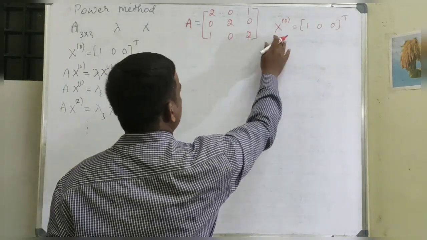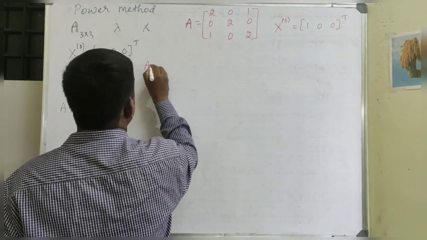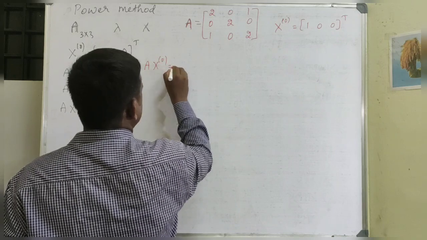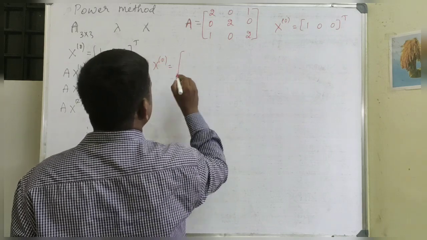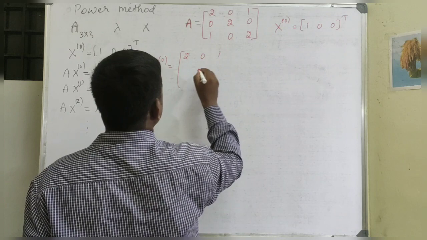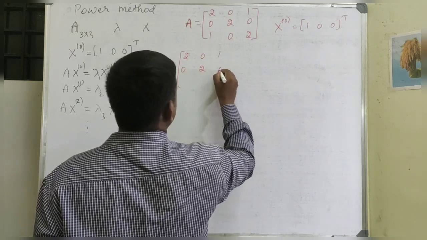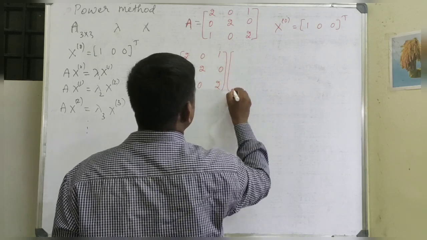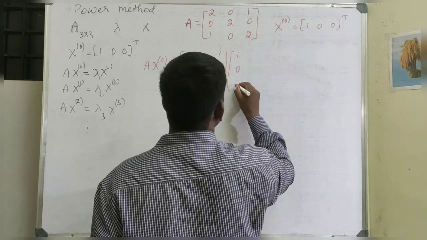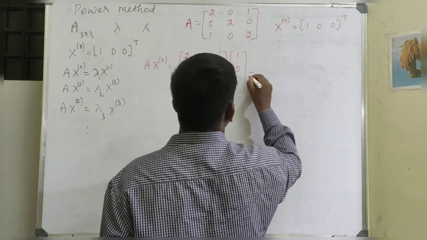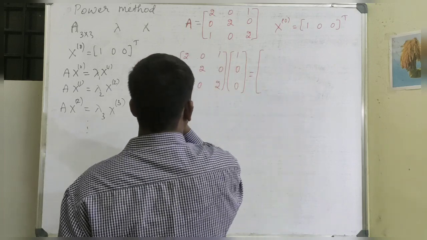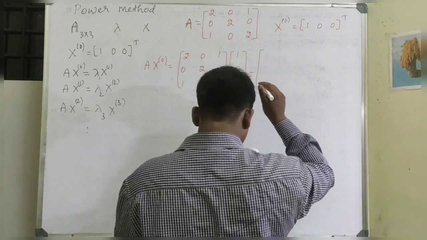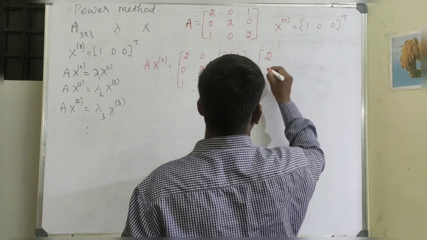Now multiply these two. A x0 equal to 2 0 1, 0 2 0, 1 0 2 into 1 0 0. Usually this will be the first row, 2 0 1, times the first column.